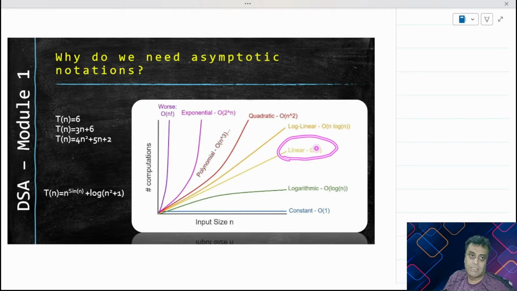Linear is represented as order of n. Log linear is represented as n log n. Quadratic, yes, n square. Exponential 2 to the power n. In between quadratic and exponential, you would have any kind of polynomial, which is n cube, n4, etc., etc. And after that, you have a worst case polynomial or worst case class, complexity class, which is order of n.